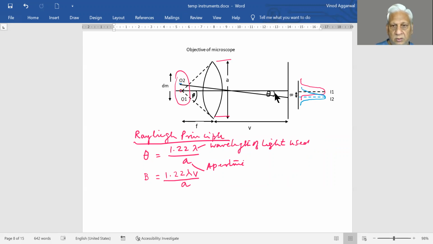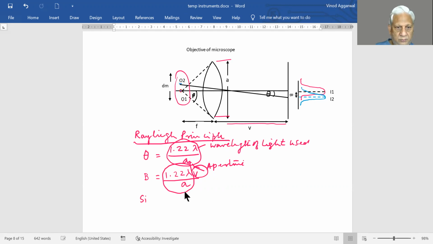this is theta. Theta is nothing but, this B is this distance into theta, which is this distance V into the previous value, which is here.